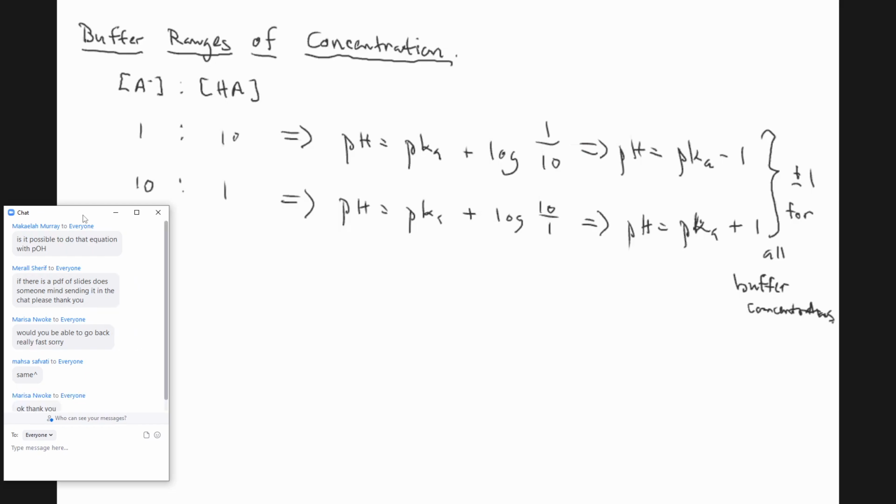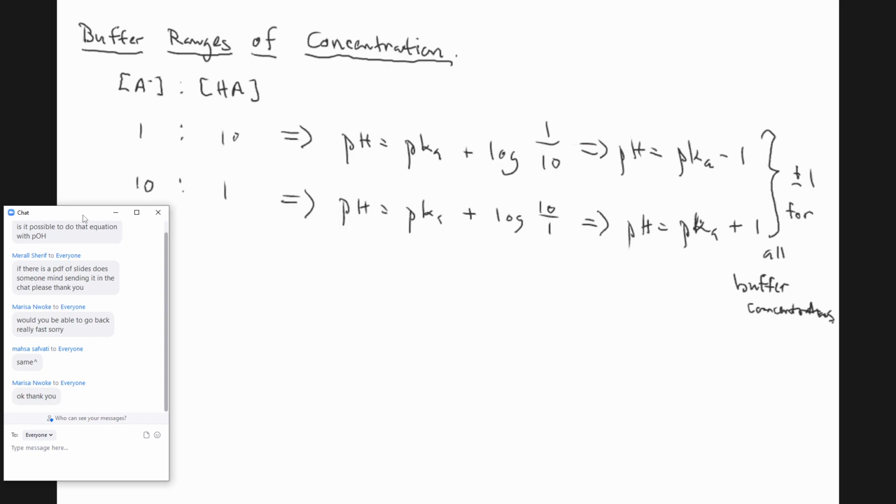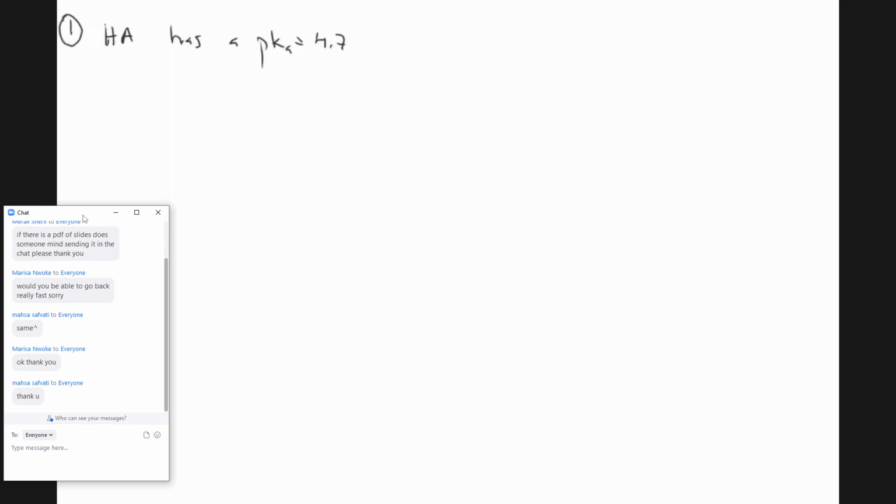Just bring it out using the exponent power. That's how you get minus 1. And the other one is 10 over 1, which is log of 10, which is the identity rule, which means it's just itself. So it's 1. Just in case people forgot the log rules that we went over last week.